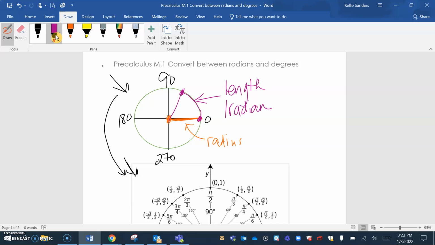So a radian, which you probably never heard before, has the same length as the radius. So this is 1 radian.